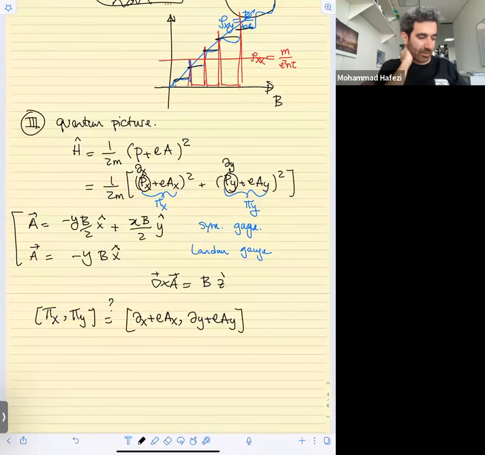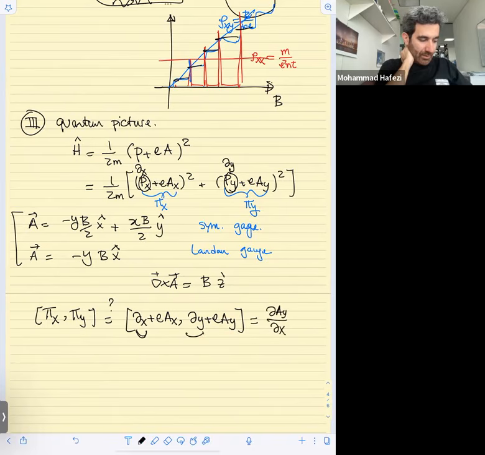Let's take the symmetric gauge, or no, you don't even need to take the symmetric gauge. So the commutator of this and this is 0, but when I look at the commutator of this and this, it will give me the derivative of Ay with respect to x.